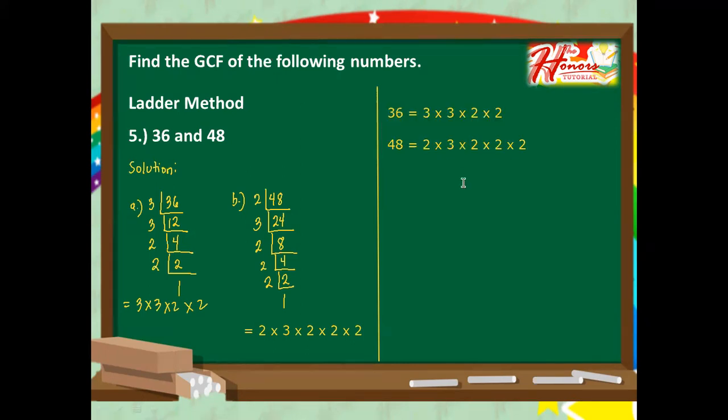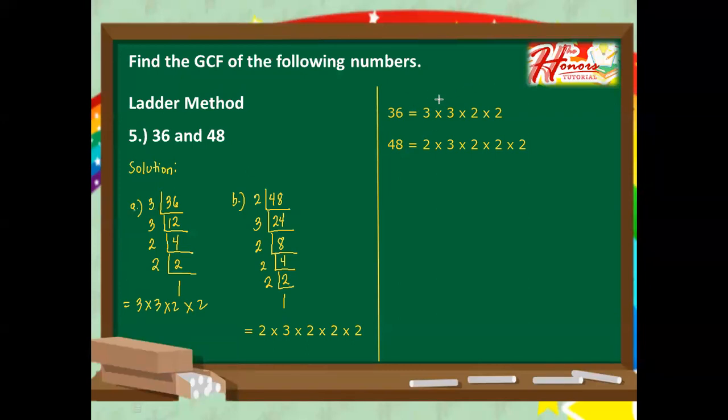Now, let's look for partners. We should pick, for example, 3. This number should be also on 48. It is, right? So I will box it.